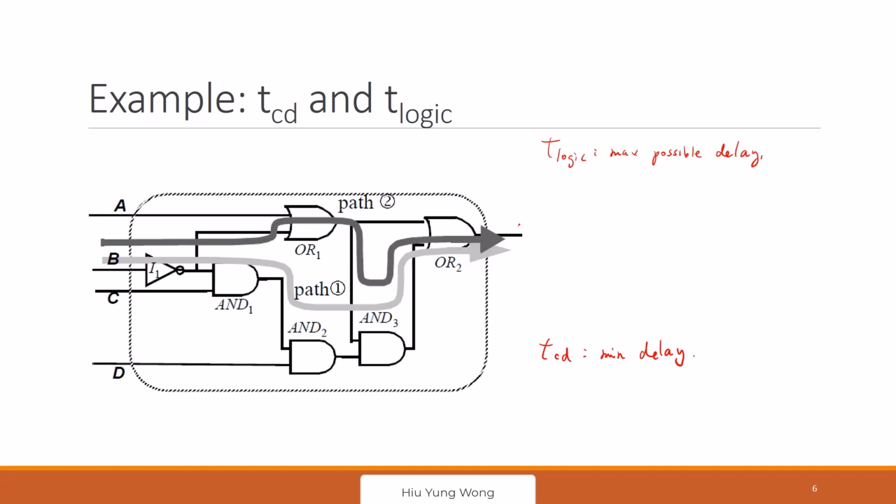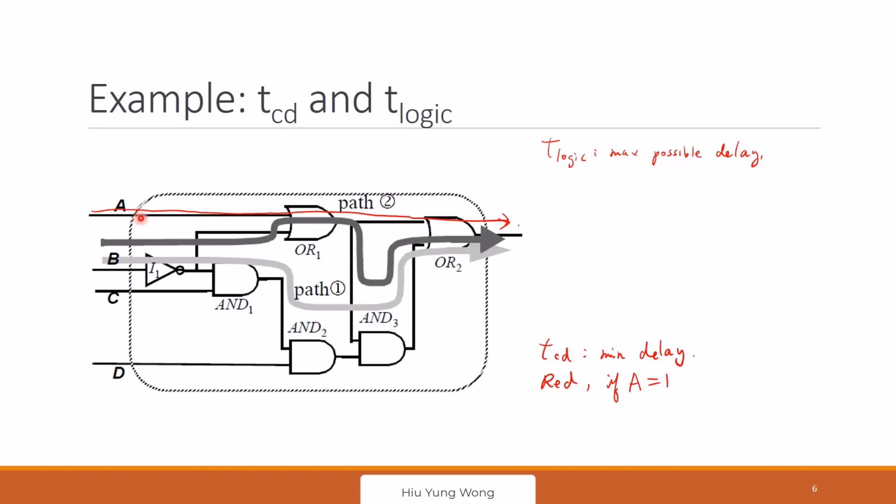Well, the minimum delay will be that it goes through this path, right? Minimum delay will be this red one. But how do you get it? It means, how about B, C, D? Well, if A equals 1, I have minimum delay, because this is an OR gate.